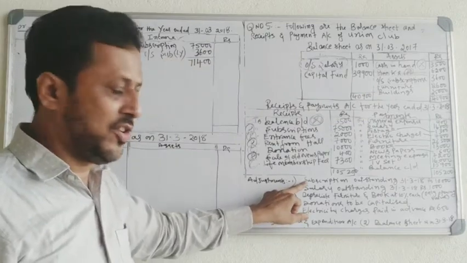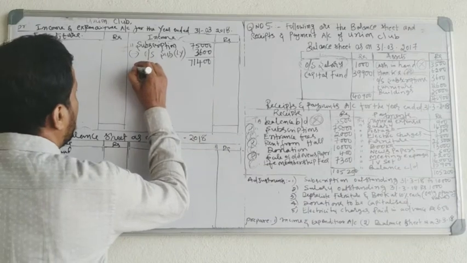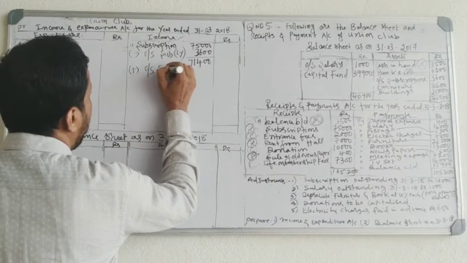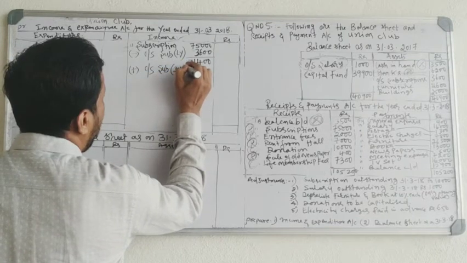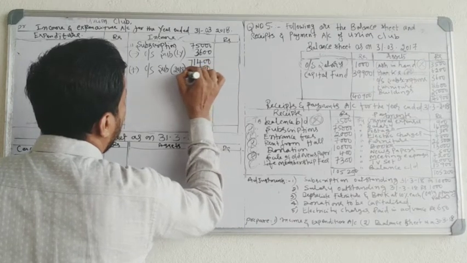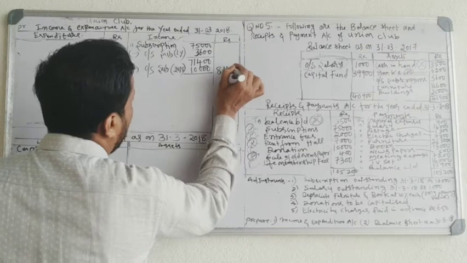Come to the first adjustment. Subscription outstanding 10,000. Add outstanding subscription 2018, 10,000. Total 81,400.